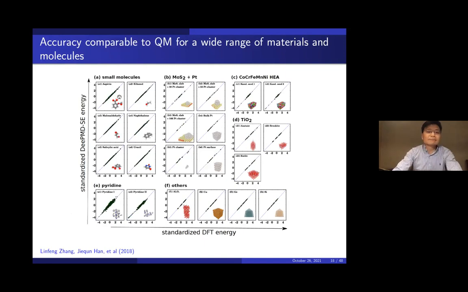The accuracy over a very wide variety of systems, from small molecules, this is aspirin, this is ethanol, to big molecules, this is pyridine 1, pyridine 2, to simple metals, simple alloys, to very high entropy alloy, alloy with 5 components, you can see that the accuracy is pretty much comparable to the accuracy of the underlying density functional theory model.